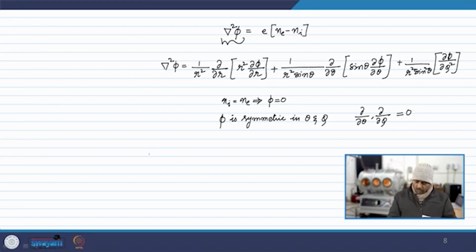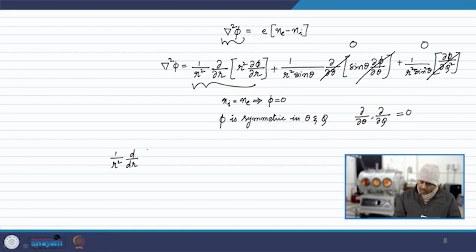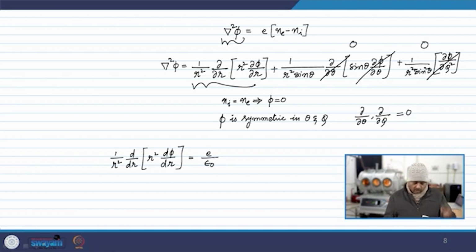So, now all of this is del square phi. We have gotten rid of these terms. This is irrelevant, this is irrelevant, and this one. So, we are only left with this. These are zeros, by the way, right. So, now we can write it as 1 by r square d by dr of r square d phi by dr is equal to E by epsilon naught.